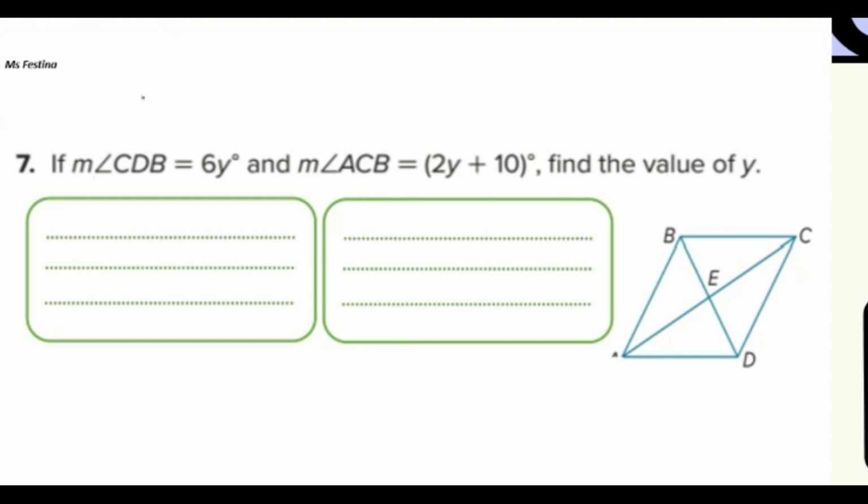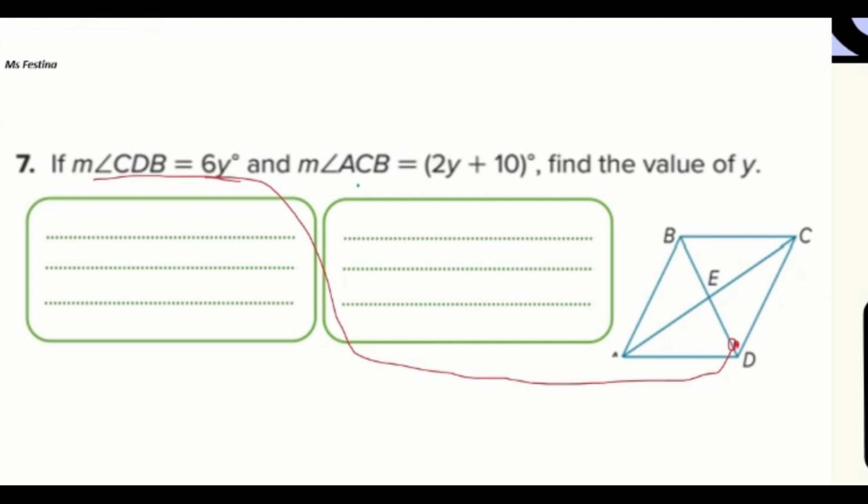So let's look at what we are given. We are given that this angle here, angle CDB, it's this one here. I'm going to draw an arrow to show you what we are working with. So we are working with this angle here, CDB, and we are given that it is 6y.